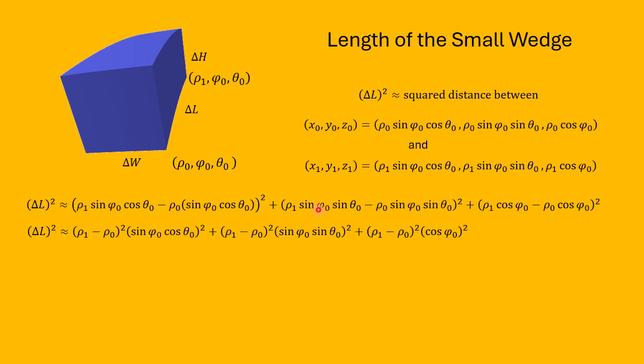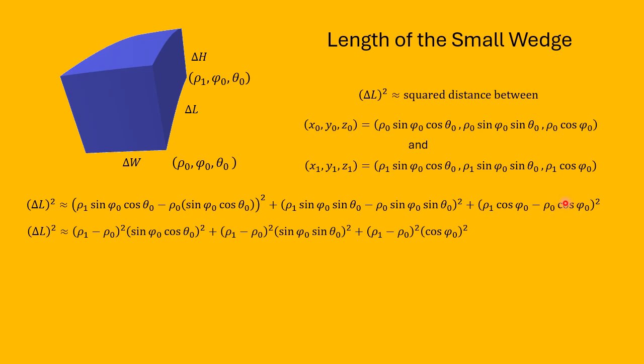If we look at this one, we have something similar. You have sin φ₀ sin θ₀. You also, minus, have sin φ₀ sin θ₀ here, and this difference is squared. And so, just doing a little bit of algebra once again, factoring out that common sine times sine here, we get (ρ₁ − ρ₀) squared times (sin φ₀ sin θ₀) squared.